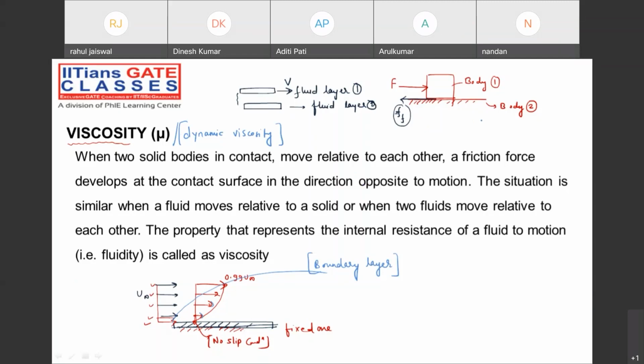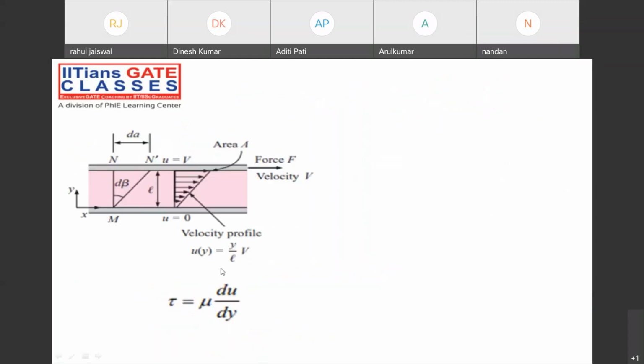Now, note down Newton's law of viscosity. What is Newton's law of viscosity?